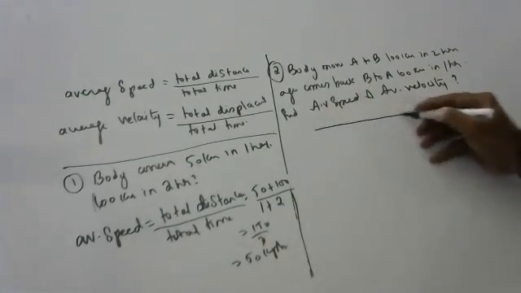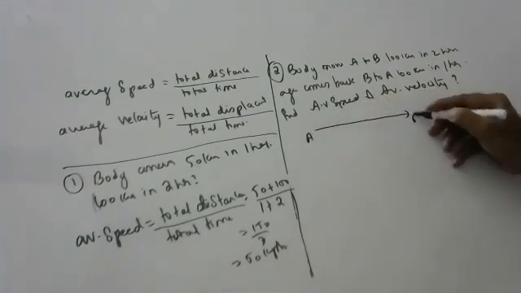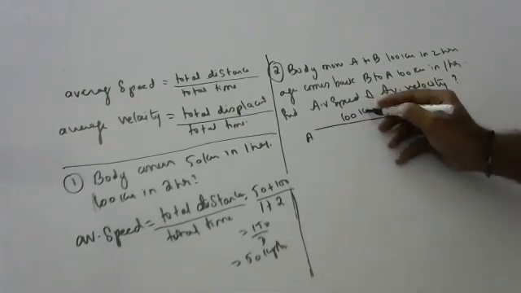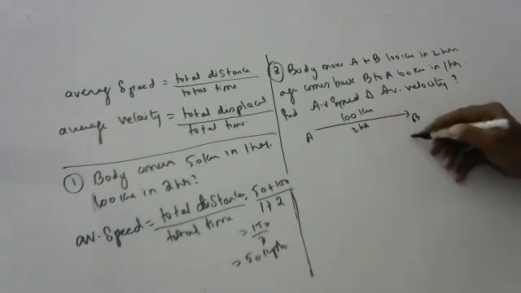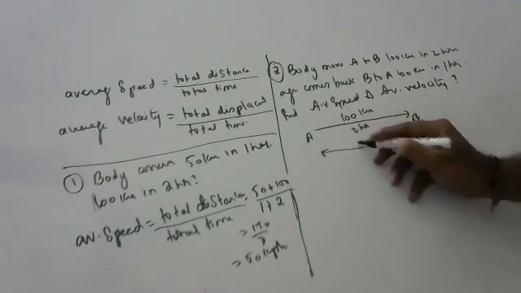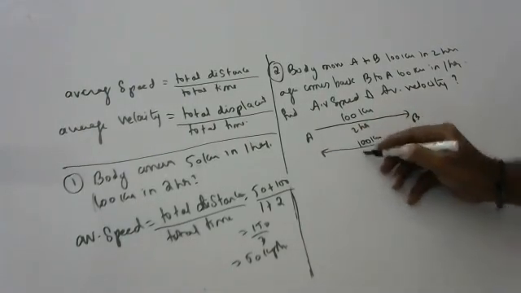Children, it is going A to B like this, 100 kilometers in 2 hours, and while coming B to A it covers the same 100 kilometers in 1 hour.